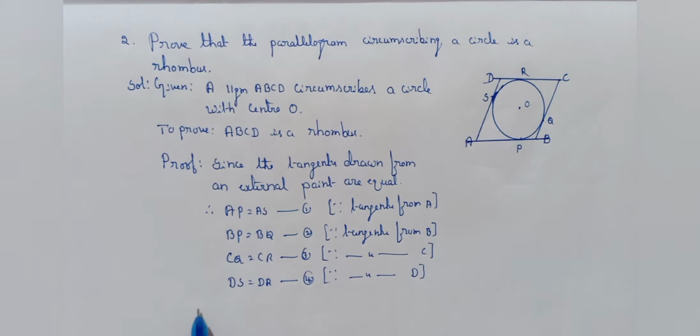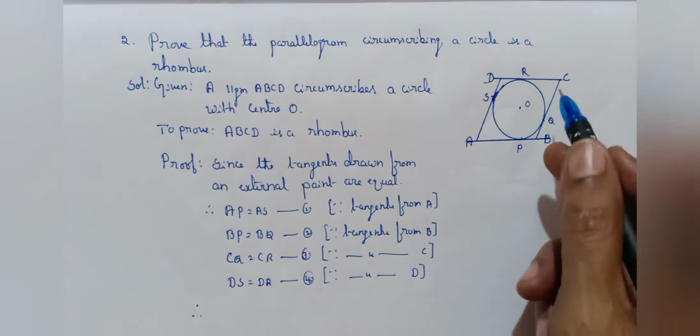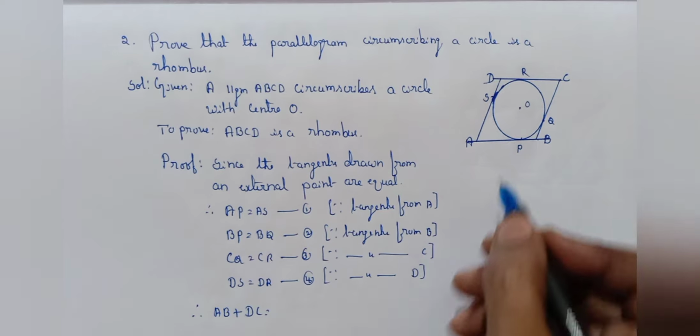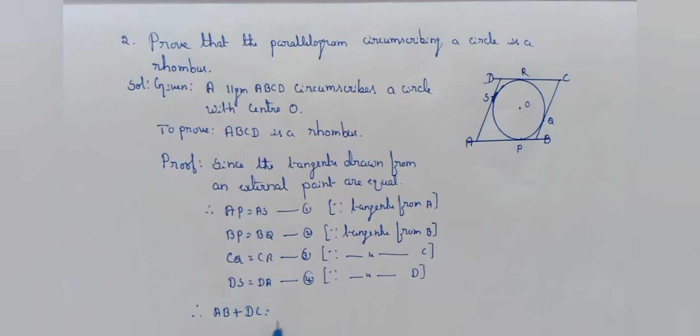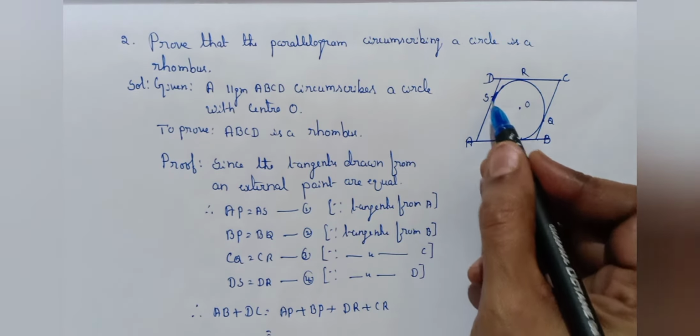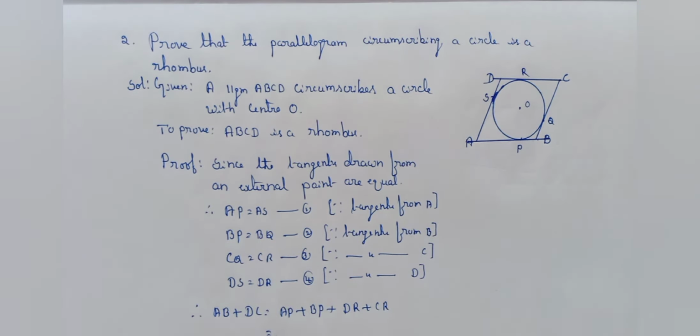Now, consider the sides AB and DC. AB plus DC. We can write AB as AP plus BP, and DC as DR plus CR. AP we can write as AS. AP is equal to AS, so write AS in place of AP.